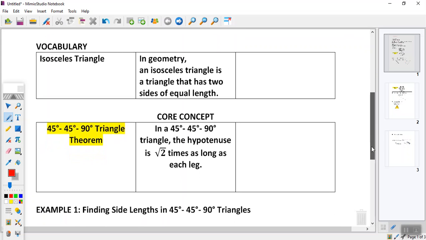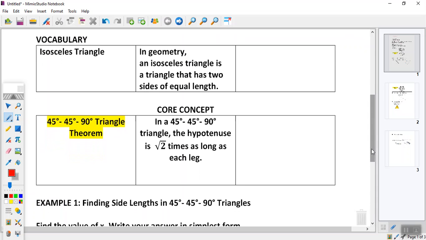Okay. Isosceles triangle. All right, this is going to show up a lot today. But an isosceles triangle says in geometry, an isosceles triangle is a triangle that has what? Two sides. Okay, if you have three sides of equal length, you have two sides of equal length. You do, don't you? Okay. So keep in mind here, I agree that an isosceles triangle has two equal lengths right here, okay?